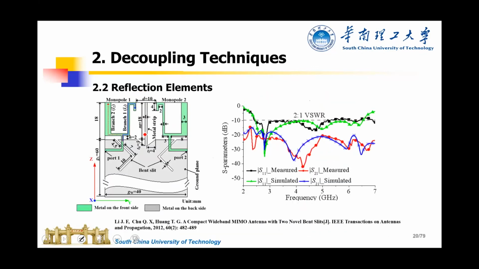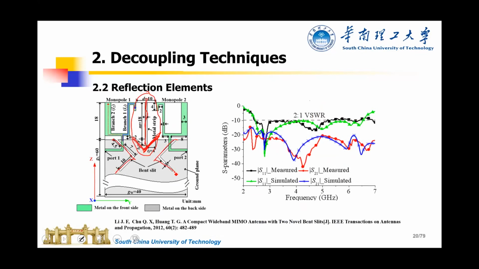Also, this is the work of my PhD student. We first use this kind of reflect element. This structure also has a slot. We use this slot to improve the isolation and also the matching.